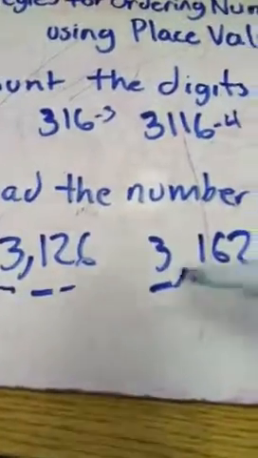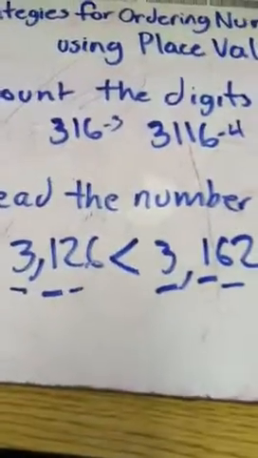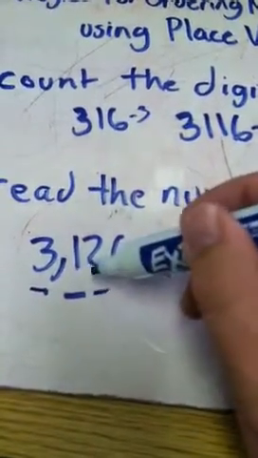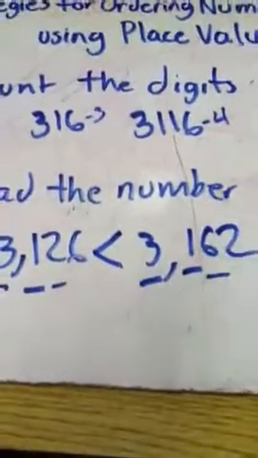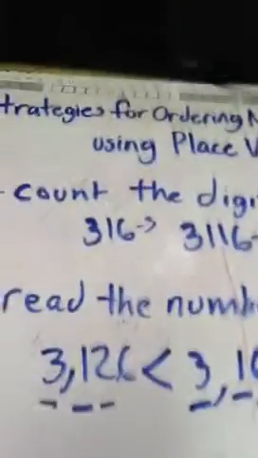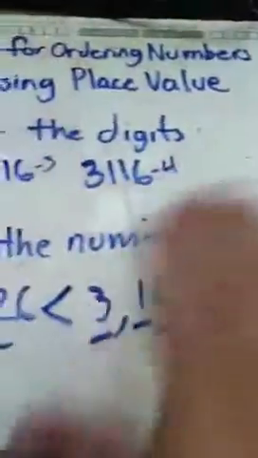So now I can start making a statement and say that this number is greater than that number. Or if I were ordering them, I could say that, if I were going from least to greatest, this number goes before this number. So those are basically our two steps. So again, we're going to count the digits, and then we're going to read the number from left to right.